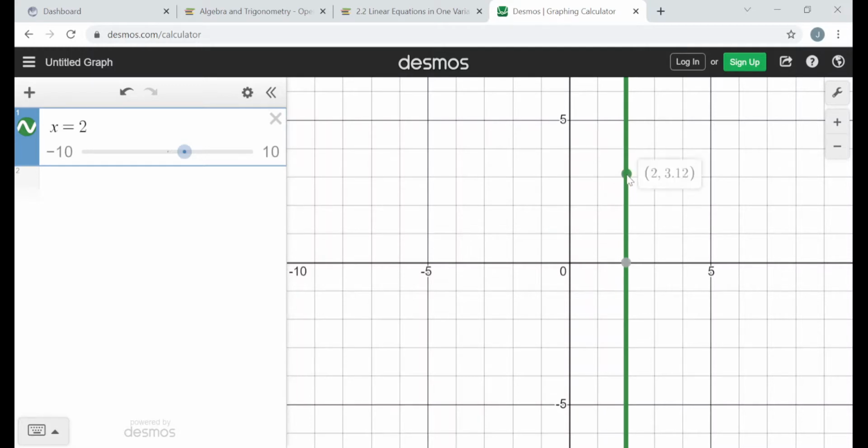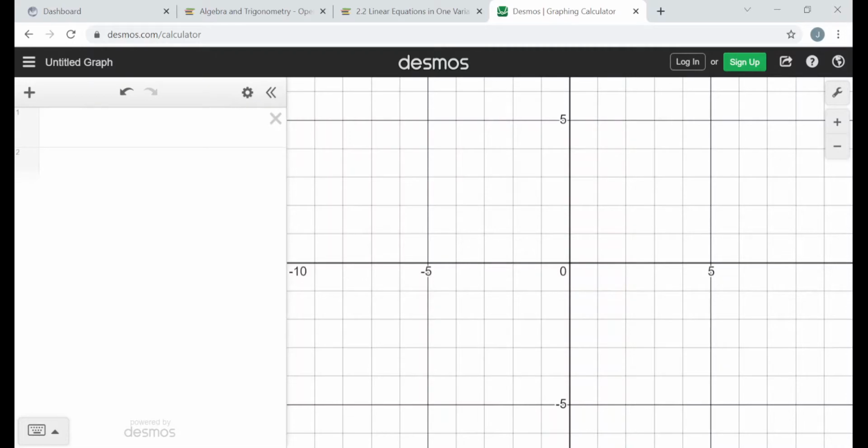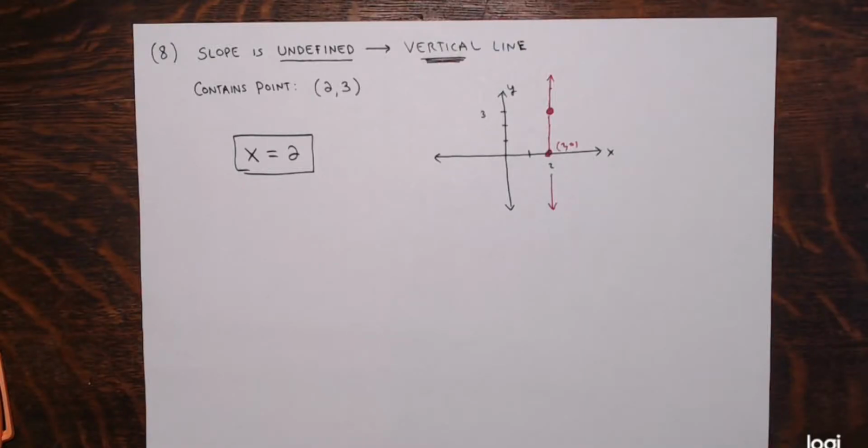And it definitely has the point (2, 3). You saw it pop up there a second. I could plot it, but yeah, very, very simple stuff when the slope is undefined or when the slope is 0. Right, when it's a vertical line or horizontal line, very easy.